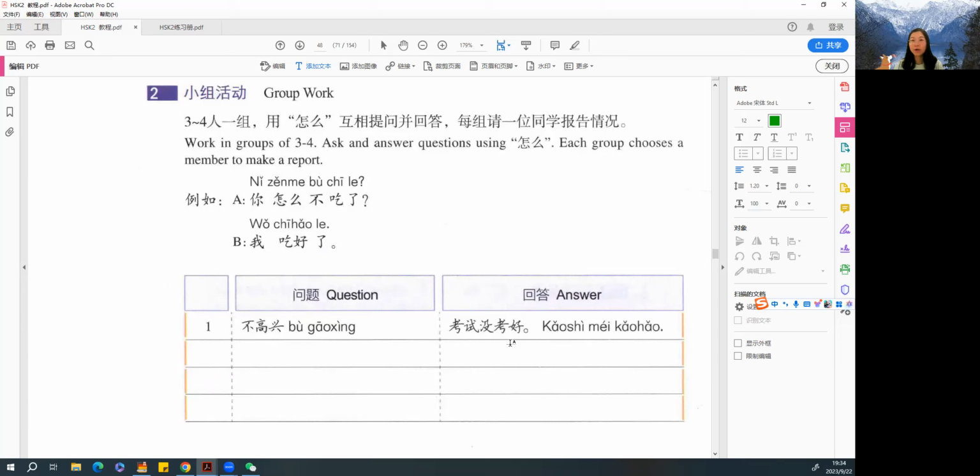So 没考好 means I didn't do well in the exam. So we can ask 你怎么不高兴 or 你怎么不高兴了？因为我考试没考好, because I didn't do well in the exam.